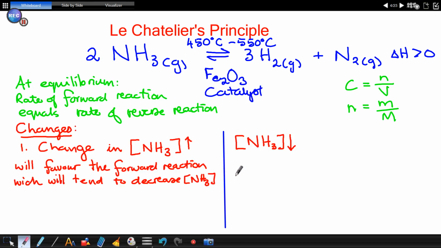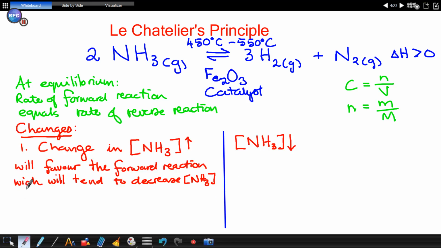Will all the added ammonia be used up? No. Because before all the added ammonia is used up, a new equilibrium will be reached.